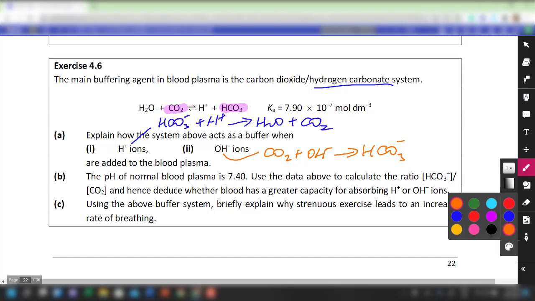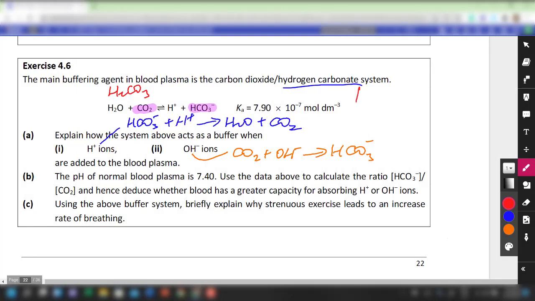You can either represent the acid form as CO2, or you can simply use carbonic acid. I will leave it up to you, because when you write the Ka expression, it will be written as Ka equals the concentration of H plus times the concentration of HCO3 minus over H2CO3. So this will be a proxy for the CO2.